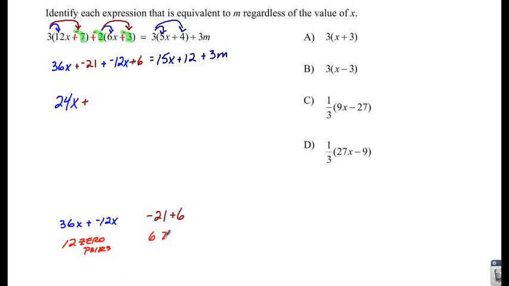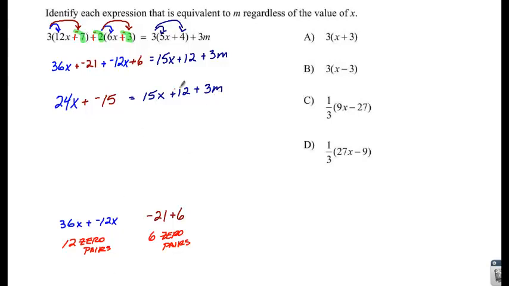It's going to create 6 zero pairs, which means these 6 positives will cancel out 6 of the negatives, leaving 15 negatives. And on the other side, nothing to combine, so I just bring it down.